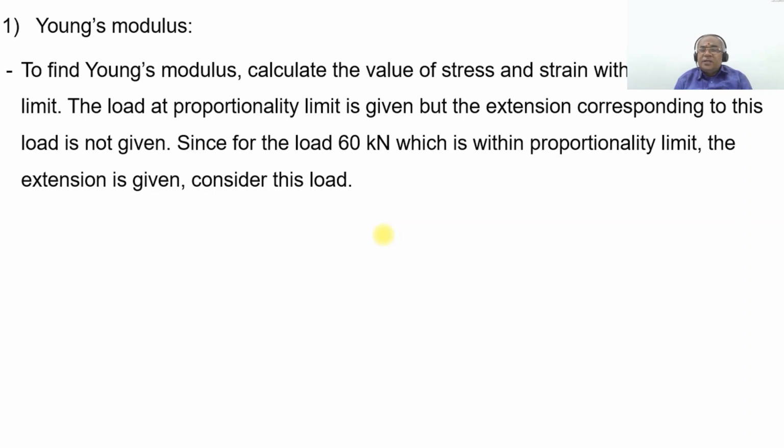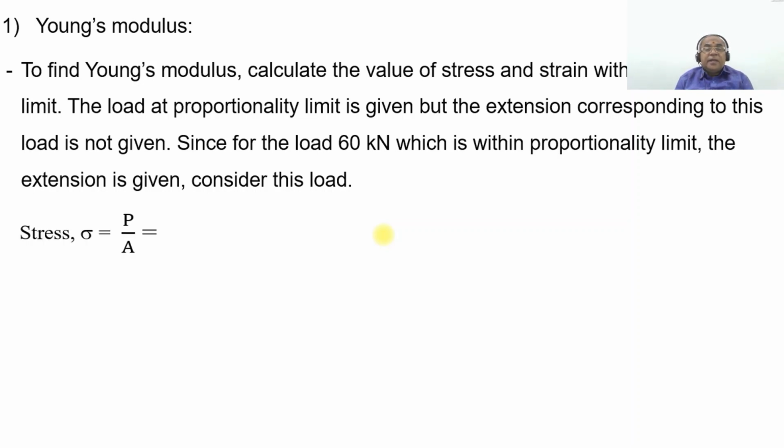But for the load of 60 kilonewton, which is within the proportional limit, the extension is given. So the stress at that load within the proportional limit has to be considered. So we have to consider the 60 kilonewton load.